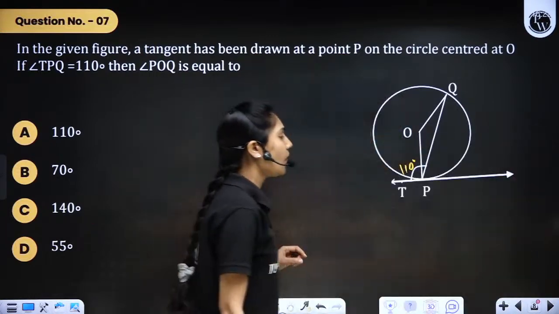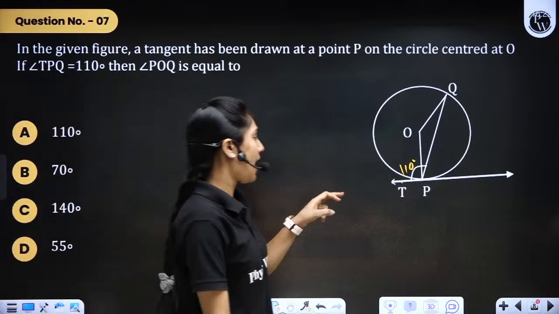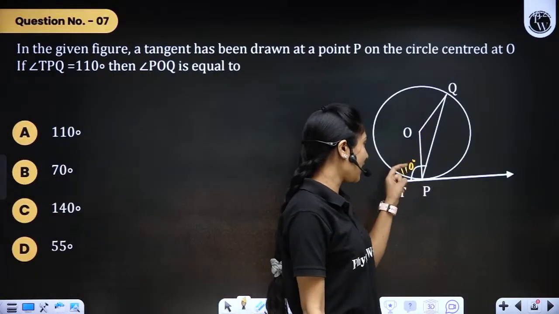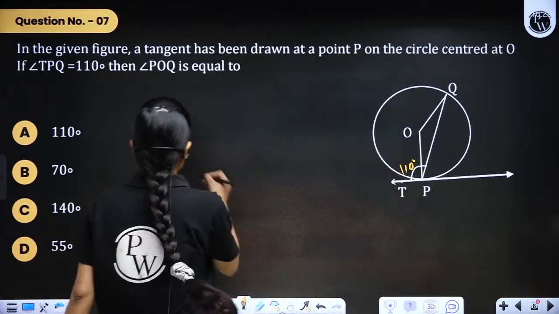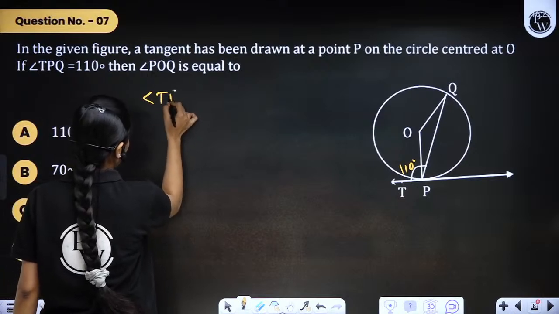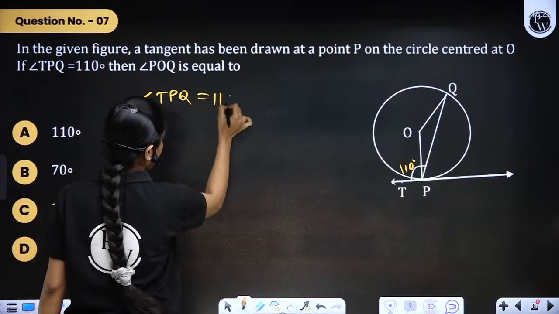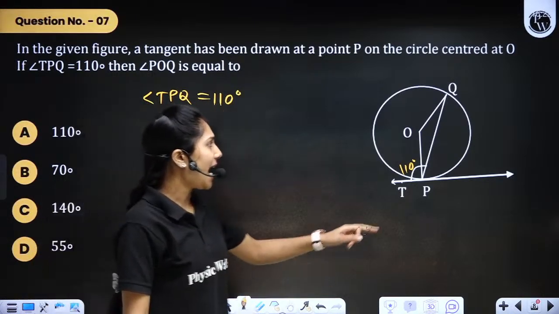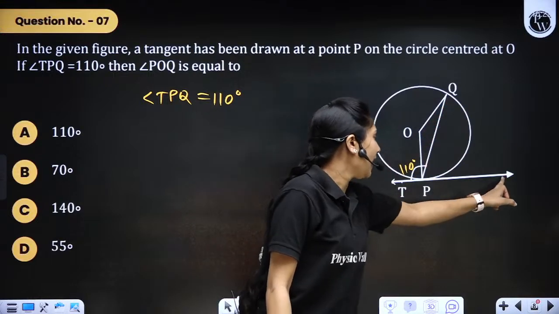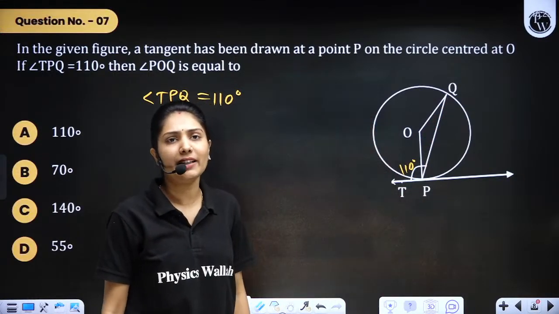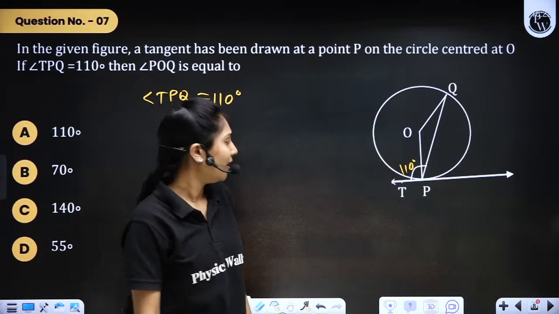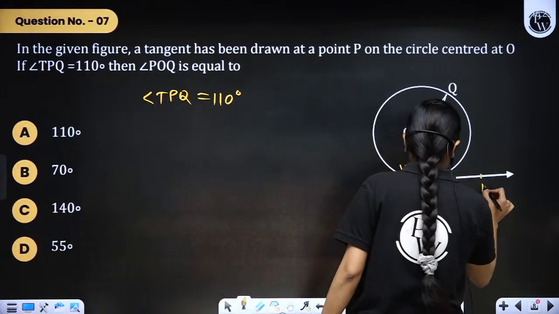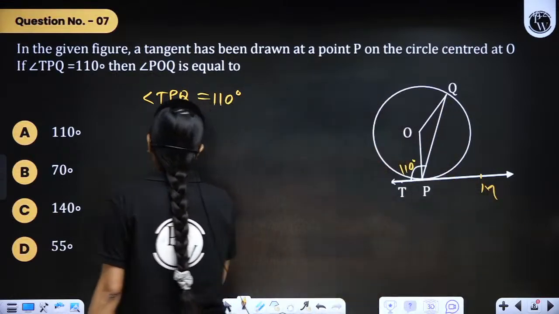Okay. So what it says? We have angle TPQ as 110 degree. Now, since angle TPQ is 110 degree, what's the angle QP and this one? What will be the angle, beta? Let me name it something like M. What's the measure of angle QPM?